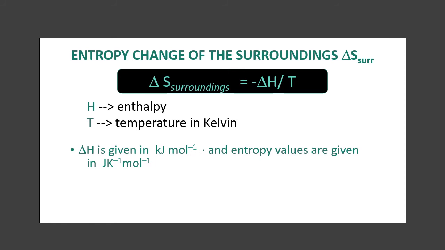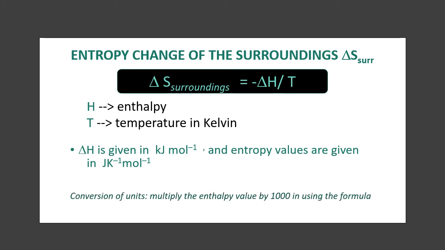That way we get entropy in its standard unit, joules per Kelvin per mole. To do this conversion, we can multiply the enthalpy value by 1000 in the formula and substitute into the equation so that our final answer will be in joules per mole per Kelvin. The entropy change of the surroundings will depend on temperature, but we will see those details in the next lesson.